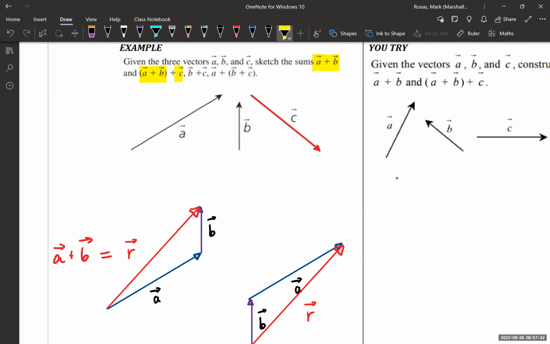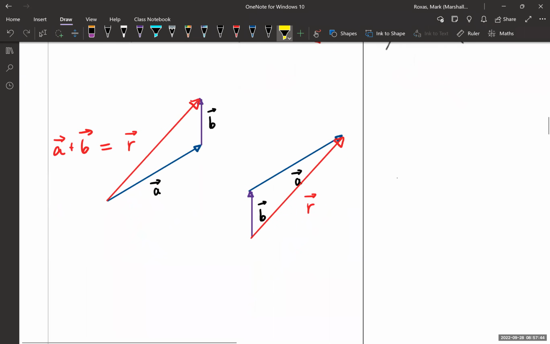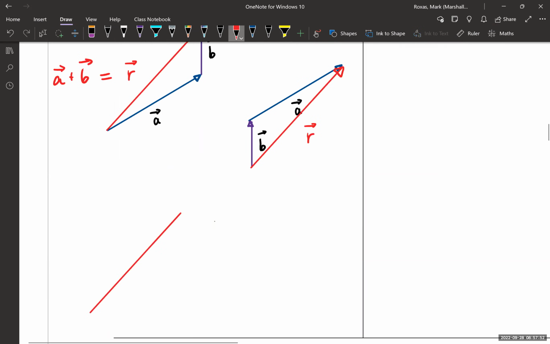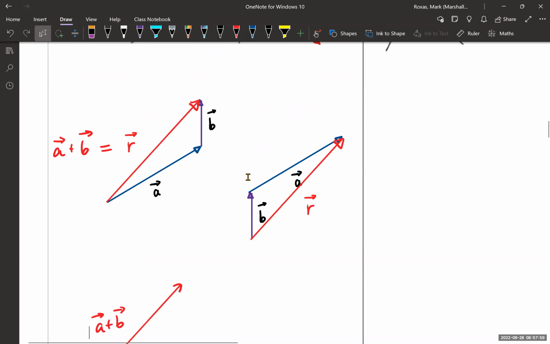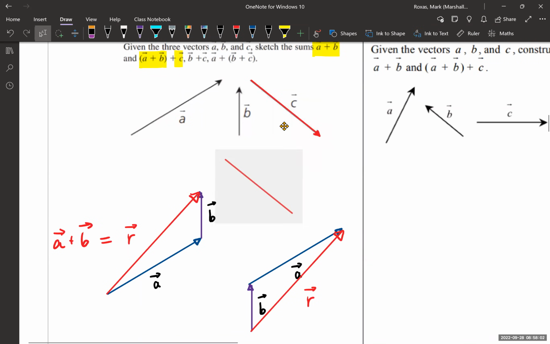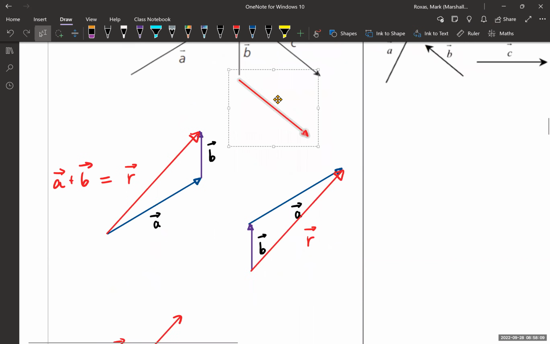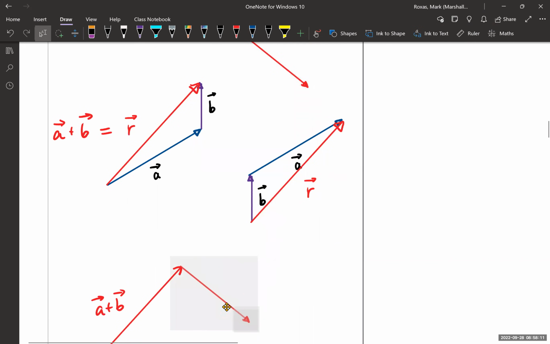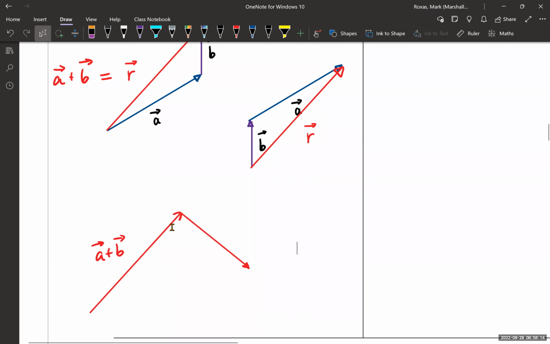Okay, so we already calculated A plus B, so I'm just going to copy that vector down here. So there's vector A plus B, and I'm going to add that now to vector C. I already have vector C up here, so I'm just going to bring it down. So they're connected head to tail when you're adding vectors like so. The head of my first vector connects to the tail of the second one.